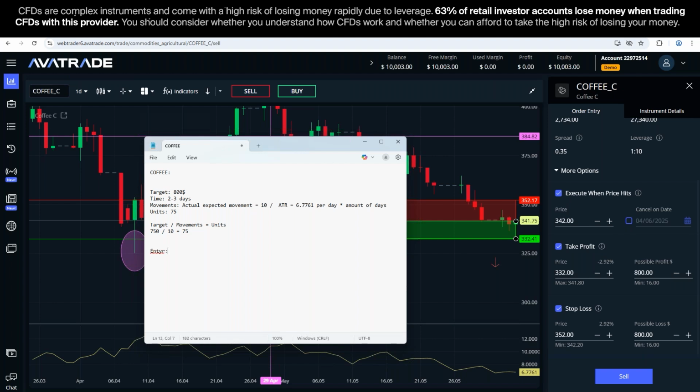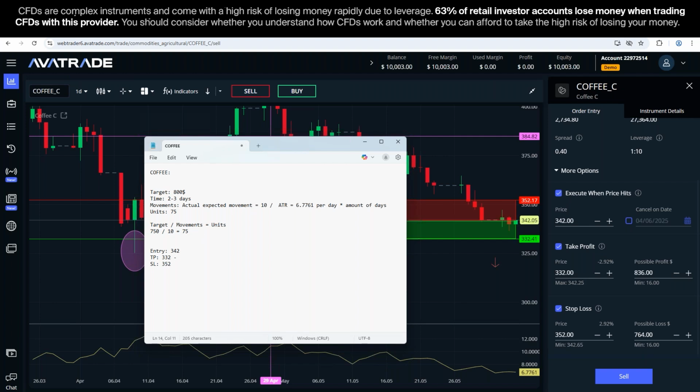So we've got the entry, take profit, stop loss, and the values are 342, 332, 352.